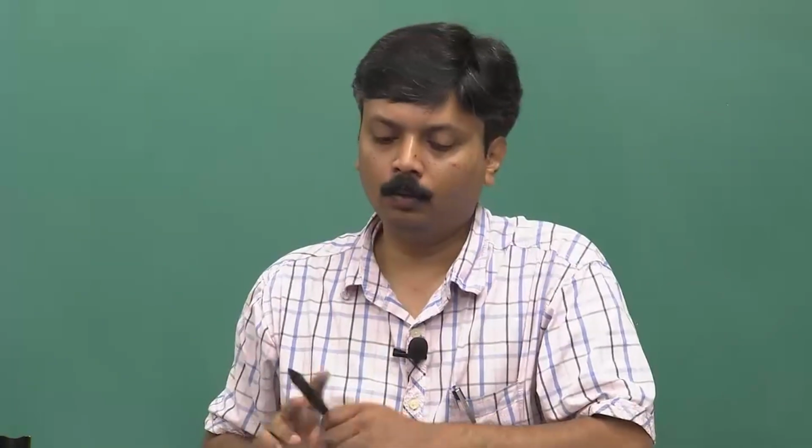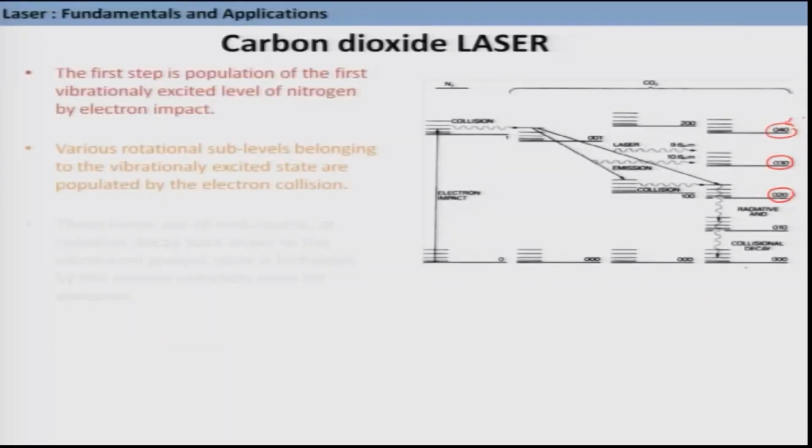So what we have here is the energy level diagram. First, of course, you give the electron discharge. Electron impact will take the molecule from the ground to the excited state of the nitrogen molecule.